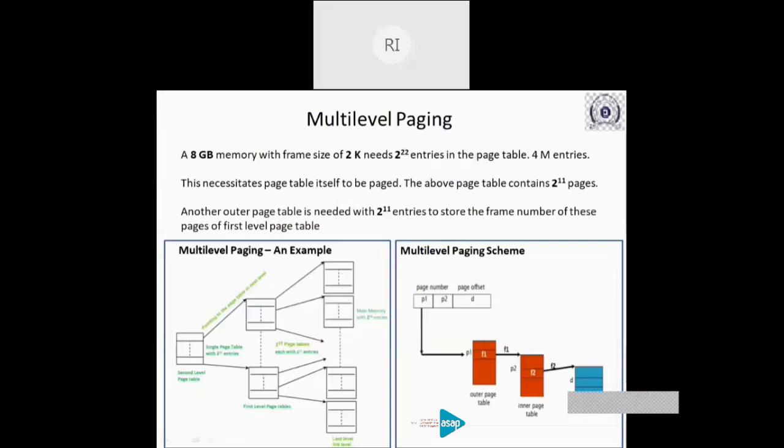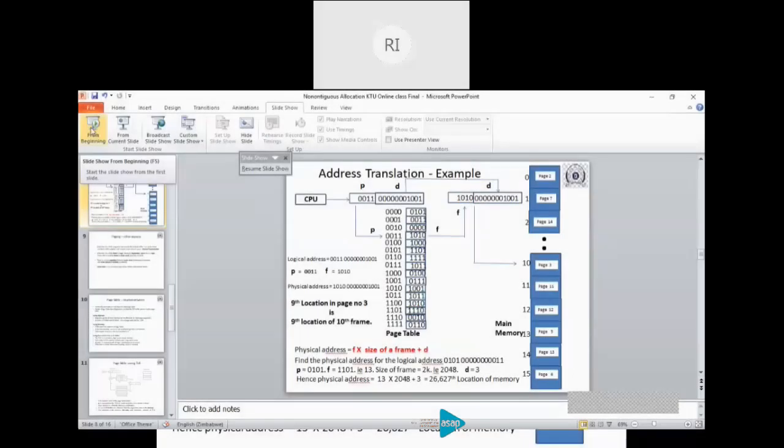Clear? So here is an address example, the same problem that you have done in the previous slide. Say a 32K size RAM and frames of size 2K. So here we have 16 frames in memory.